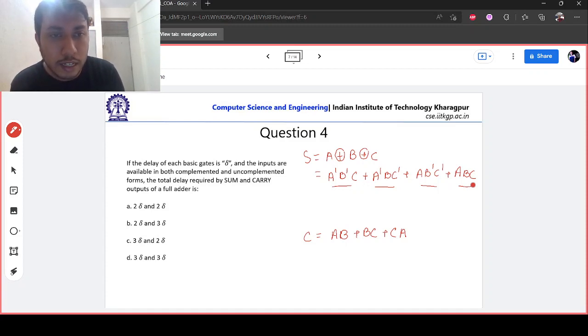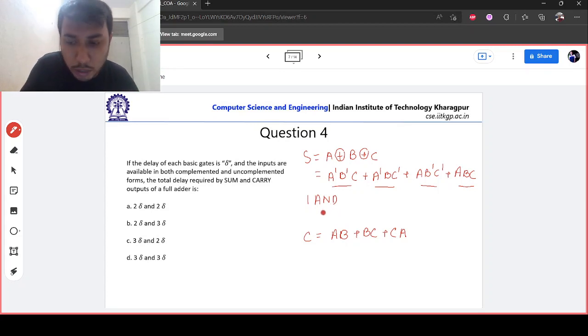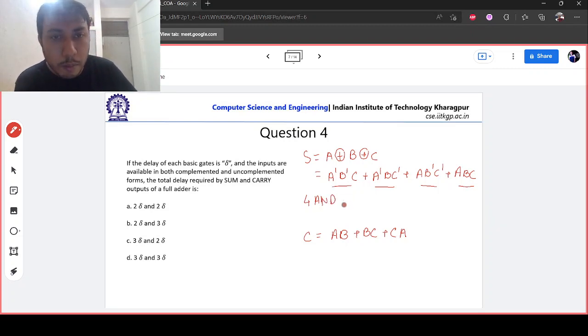So it will require 4 ANDs in parallel. That means all the 4 operations can be done at the same time, so the delay in this case will be only delta.